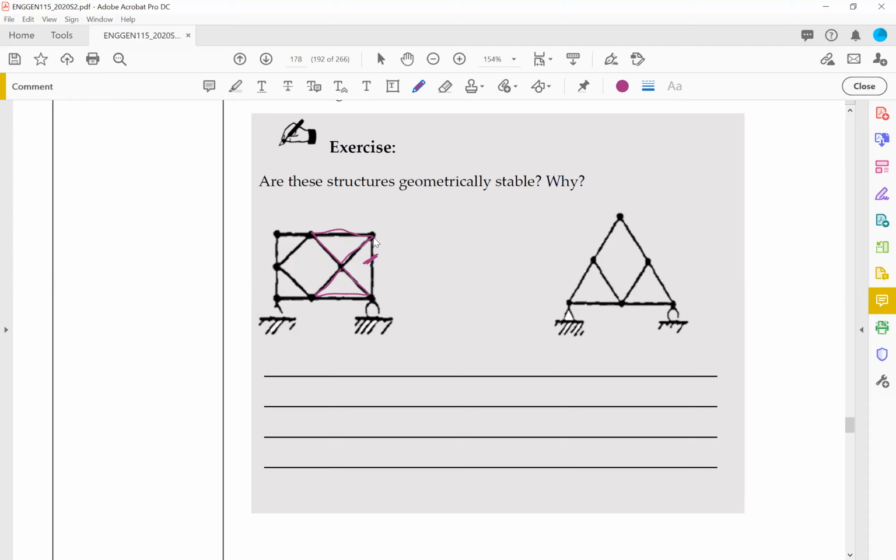But what was once a stable shape in this whole back area here is now two stable structures connected only by one little unstable hinge right here. So now this back end here is unstable. And now these two joints can actually move further apart or closer to each other. So that means the structure is now unstable.